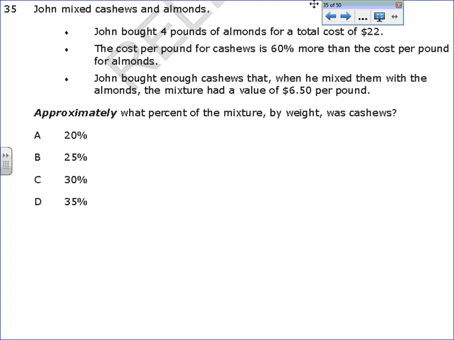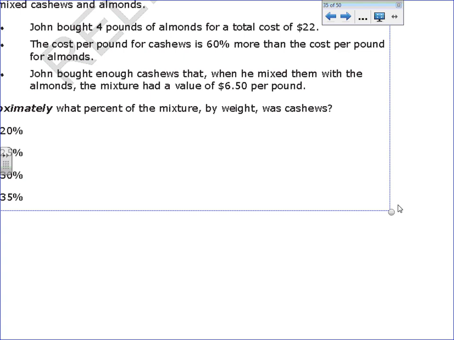John bought enough cashews that when he mixed them with the almonds, the mixture had a value of $6.50 per pound. Approximately what percent of the mixture by weight was cashews? Okay. All right. I'm gonna make this small so I have a bit more.